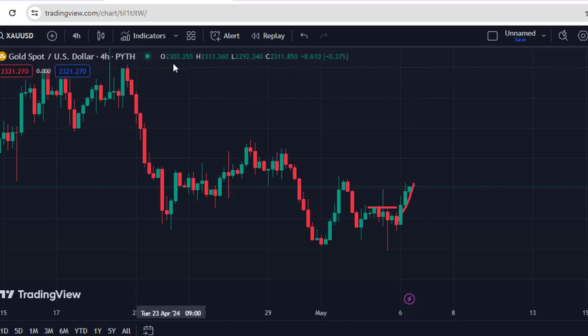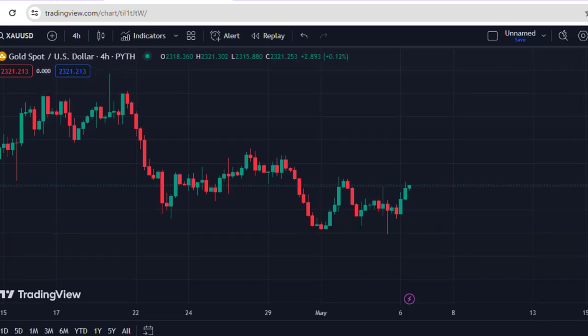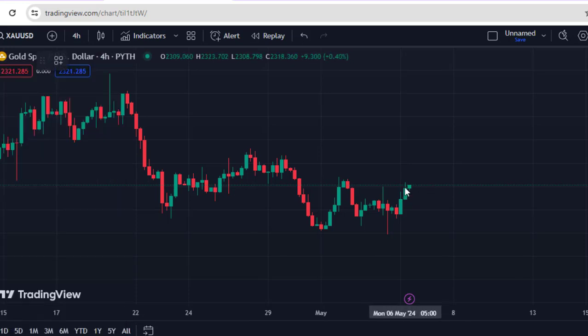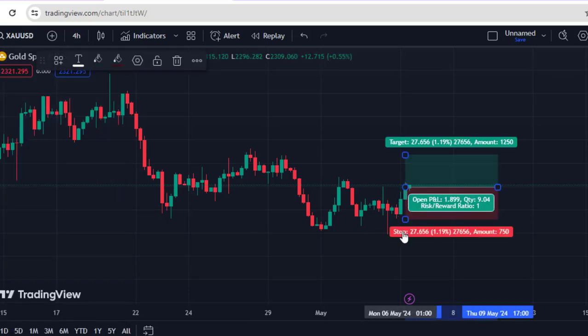So if you look at this on this very time frame, which is a 4-hour, as the market is moving right now, I am looking at the market moving to the upside. So if I take my long position tool, this is my entry right here, and your stop loss have to be below the previous low, okay? And the previous low is at this very point.